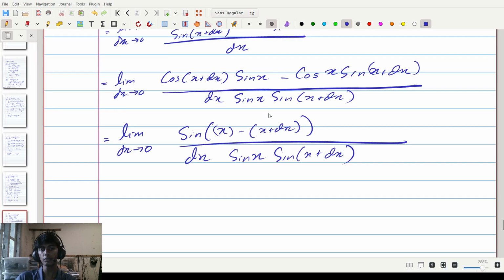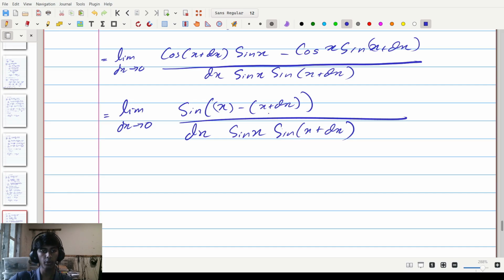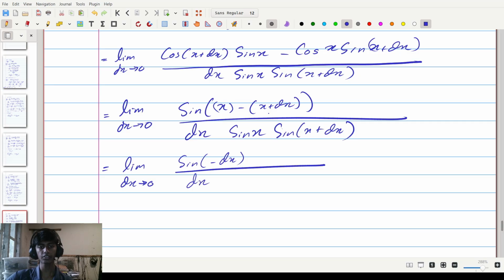Now, simplifying, on top, that's not even a dx anymore. Let me write that again. The limit as dx approaches 0 of the sine of x minus x, and then minus dx, so the sine of negative dx, divided by dx times the sine of x times the sine of x plus dx.